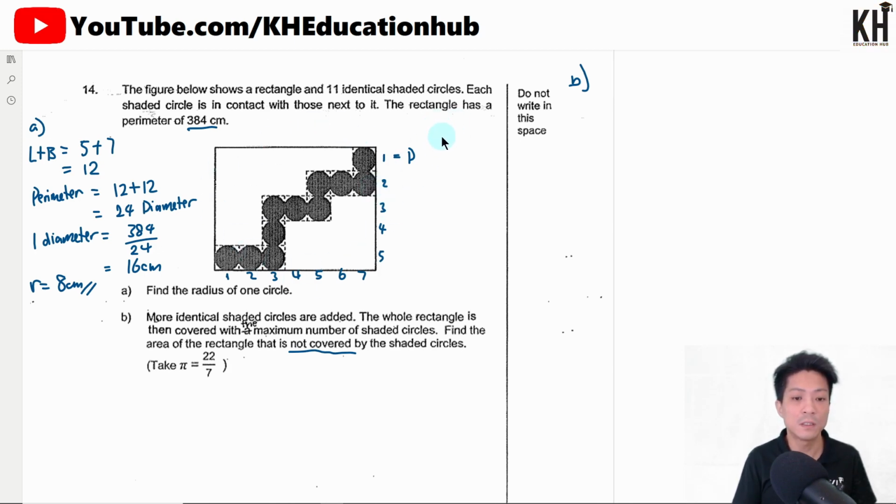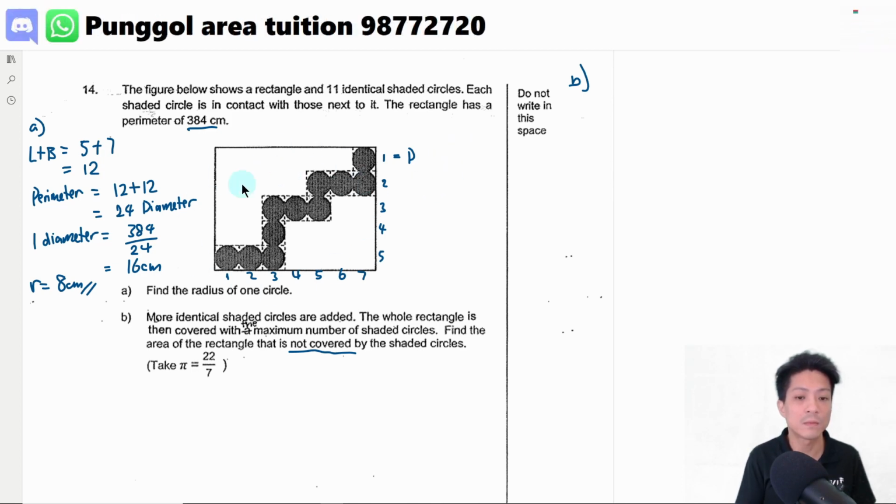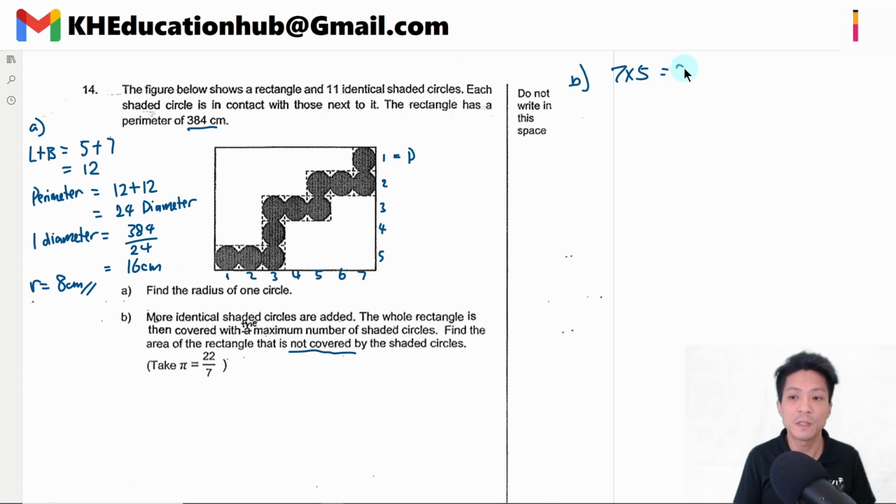First we need to find how many circles there are in this rectangle. Since there is 5 on this side and 7 on this side, 7 times 5 is equal to 35. So this is the total circles.